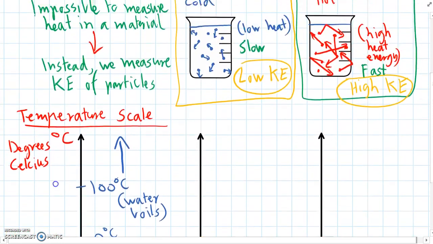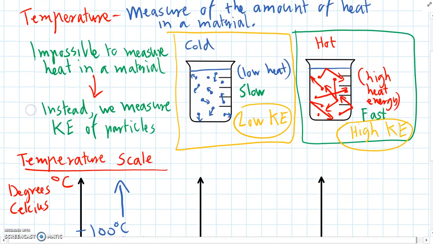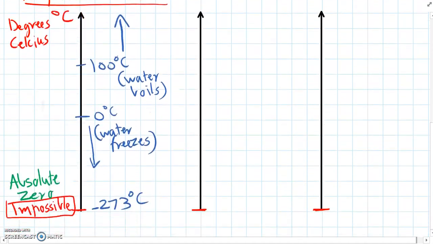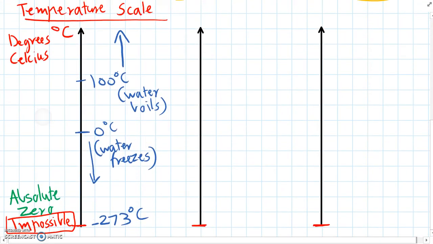Remember, thinking back to particles moving, as the temperature gets lower and lower, particles have less and less kinetic energy, so eventually, if they're cold enough, the particles will stop moving completely. But we know that particles can never stop moving, so there is actually no possible way to get as low as negative 273. But we know that that's as low as we can go in degrees Celsius.